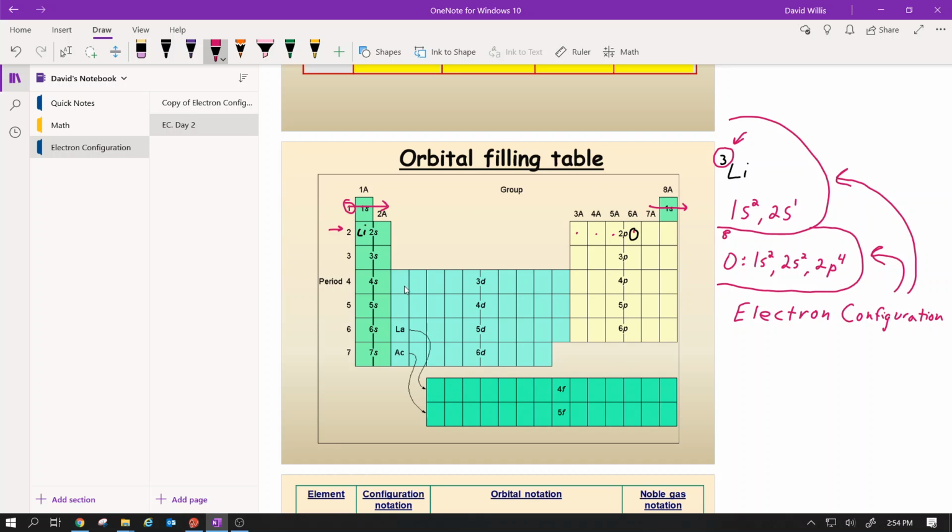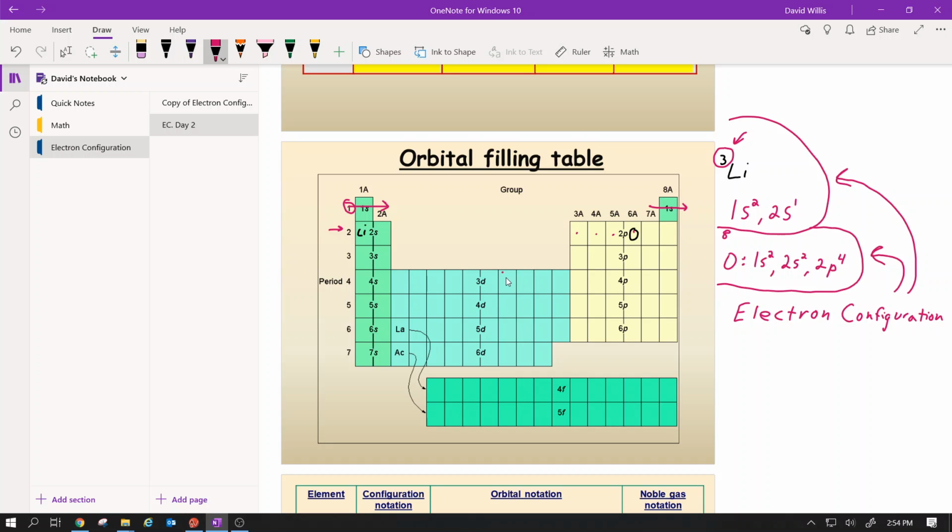So I'll tell you what, let's try out this one. I think that's, is it cobalt or is it iron? Let me see. Hang on. Which one did I pick? 1, 2, 3, 4, 5, 6, 7.